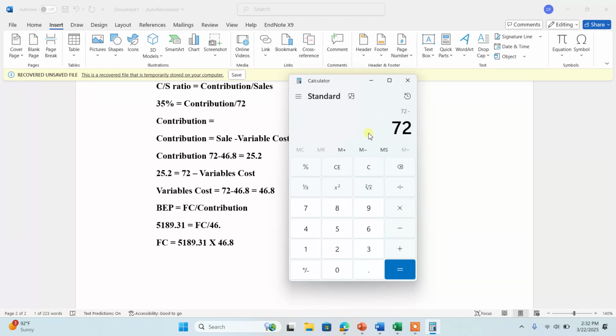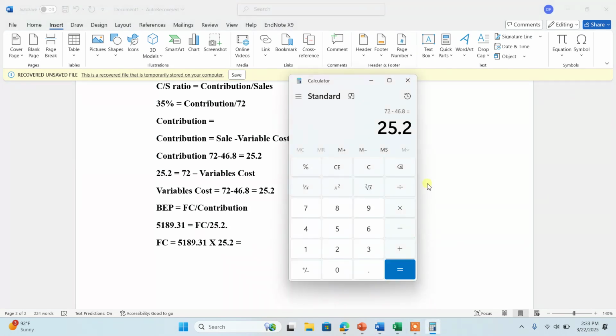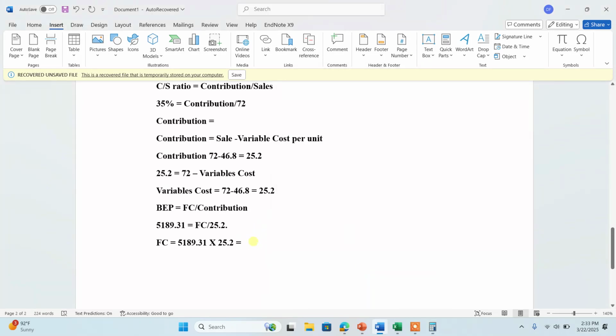72 minus, not plus, 46.8 is 25.2. So here it is 25.2 and here it is 25.2. 25.2 multiplied by the break-even point 5189.31 is 130,770.61 something.